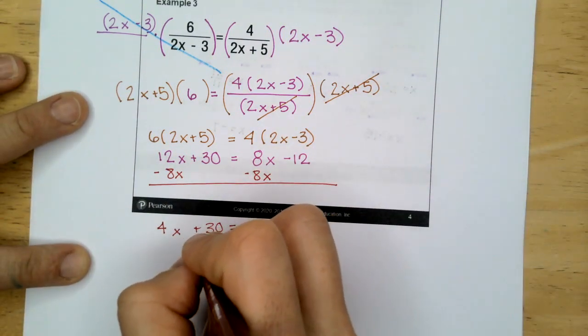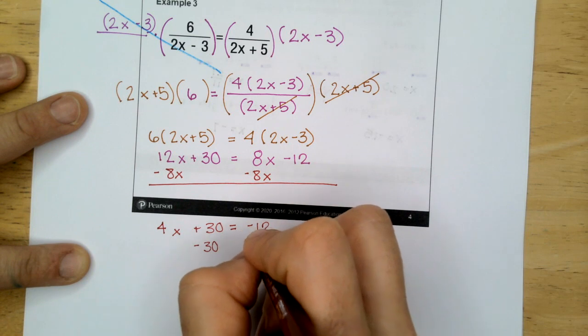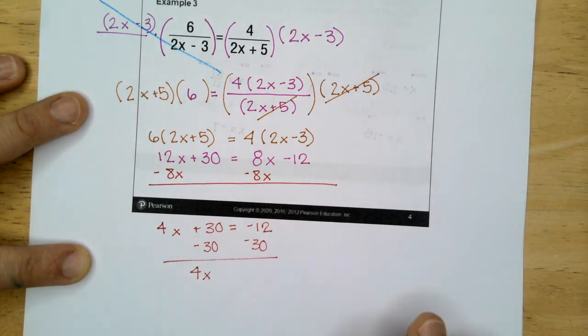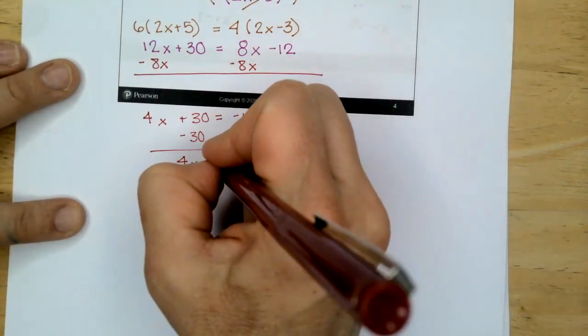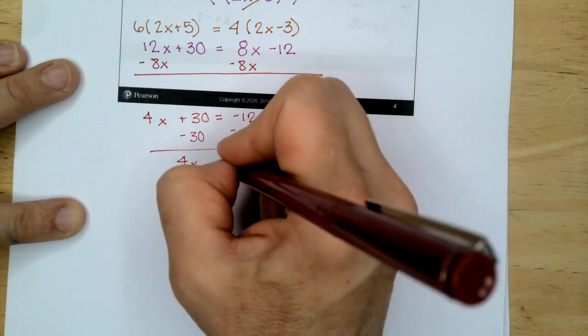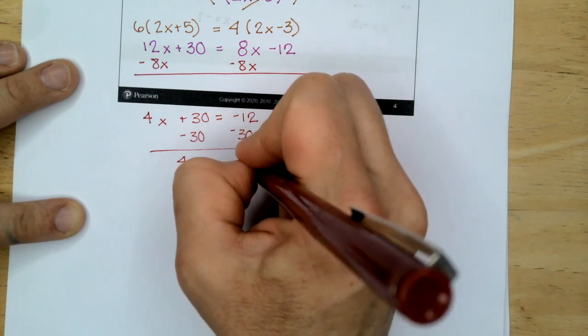Now I'm going to subtract that 30. I have 4x on this side. Negative 30 minus 12 is a negative 42.